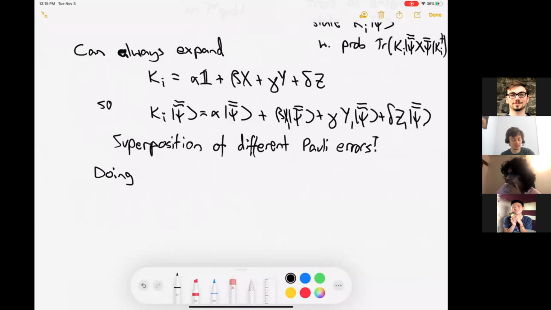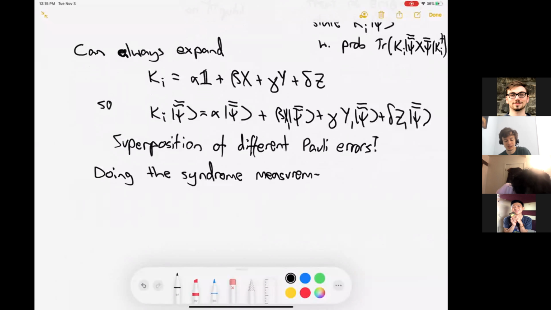But now we do the syndrome measurement that is meant to measure whether no error happened, an X error happened, a Y error happened, or Z error happened. And that collapses this superposition, right?